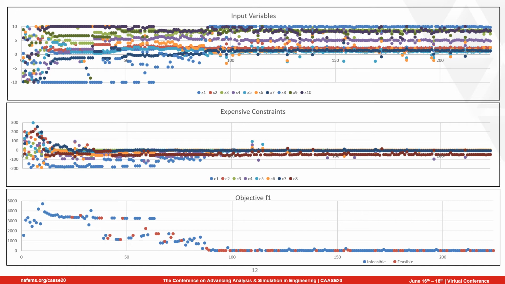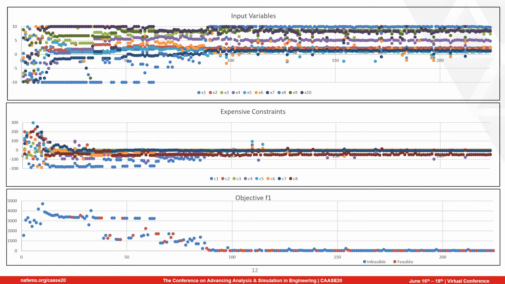And here you can see this big scatter in the beginning, which is the initial sampling. There's a big scatter for the expensive constraint values, but after that things get rapidly stabilized on the expensive constraint values.